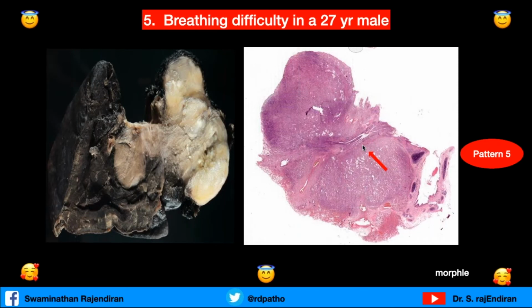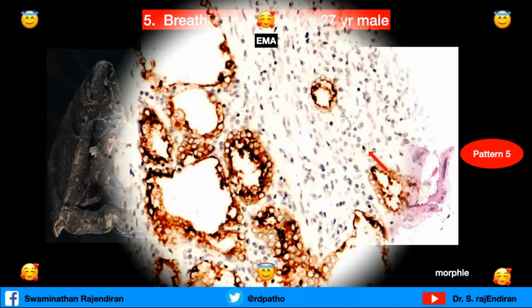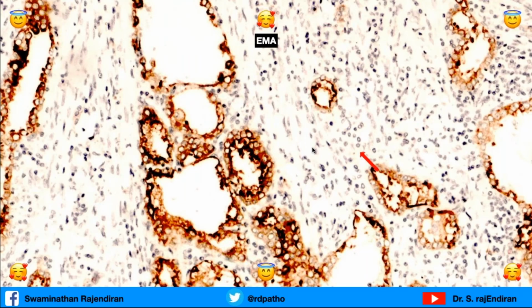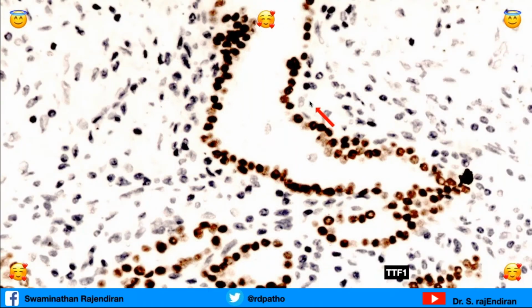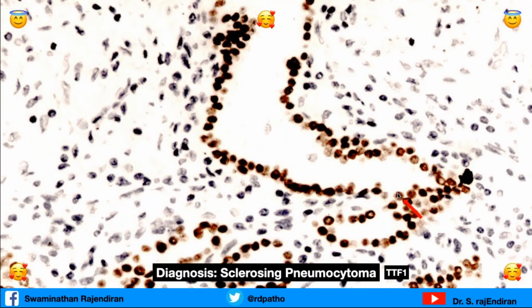Now we can come back to slides. All those epithelium are positive for EMA, and the epithelium as well as some of the stromal cells are positive for TTF, whereas EMA is positive only in the epithelium. So this is very diagnostic of sclerosing pneumocytoma.